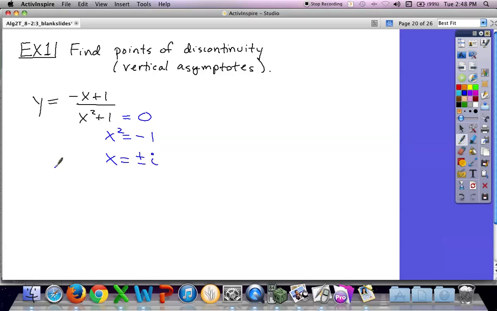Now, if we're looking for values of x that show up as vertical asymptotes on the coordinate plane, they've got to be real numbers. When we solve this and we get something that's not a real number, that means there are no vertical asymptotes, right? So, therefore, no vertical asymptotes.